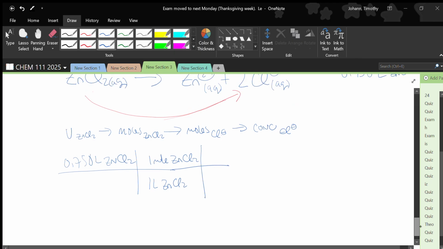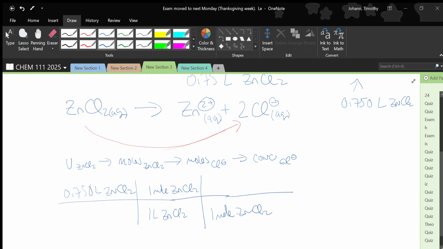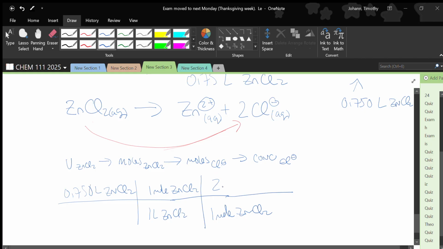From my balanced equation right here, 1 mole of zinc chloride makes how many moles of chloride ions? 2, right, okay? 2 moles of chloride ions. Okay, let's go back. Liters cancels with liters, moles cancels with moles. We're now at moles of chloride ions.